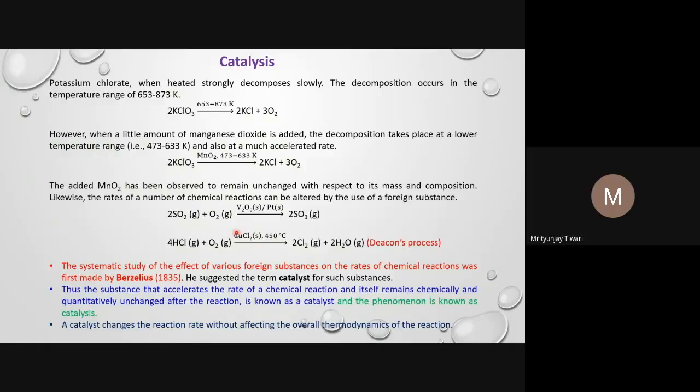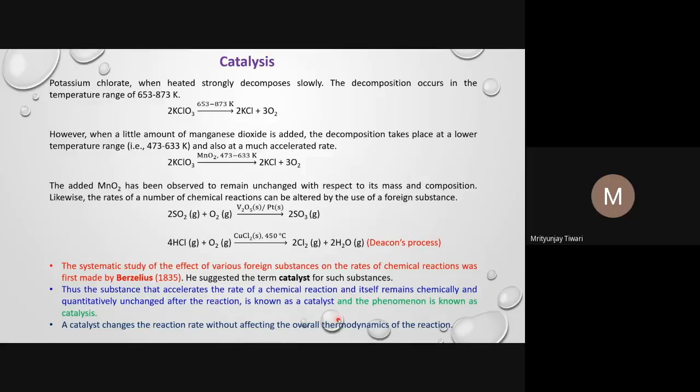This term was coined by Berzelius for foreign substances which increase the rate of a reaction without being consumed during the reaction. Thus, substances that accelerate the rate of a chemical reaction and themselves remain chemically and quantitatively unchanged after the reaction are known as catalysts, and this phenomenon is known as catalysis. So enhancement of rate in the presence of foreign substances which do not undergo any chemical change or change in amount is called catalysis.